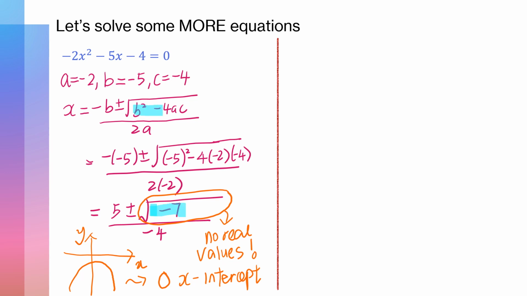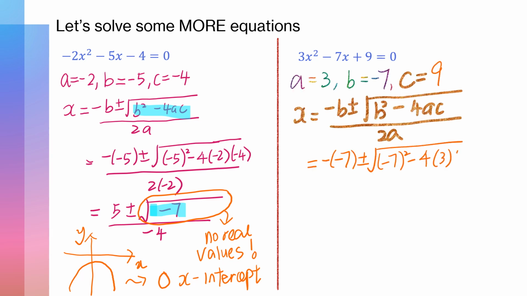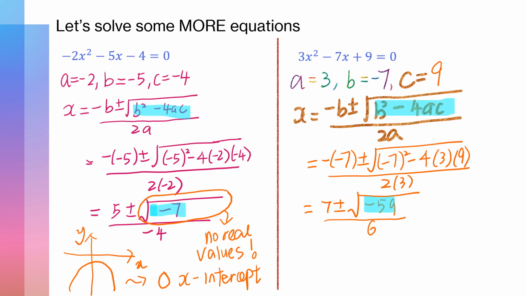Let's look at another example. 3x squared minus 7x plus 9 equals 0. Write down the values of a, b, and c, and substitute into the quadratic formula. I want you to look carefully at the value of b squared minus 4ac. You're getting a negative value, right?